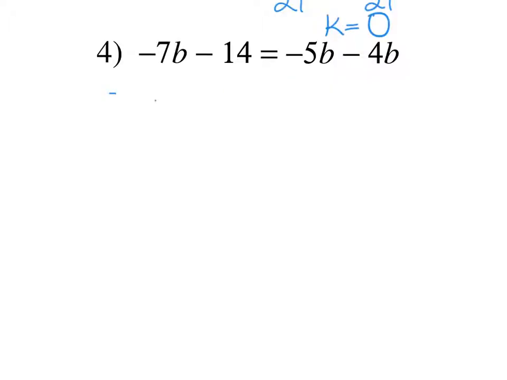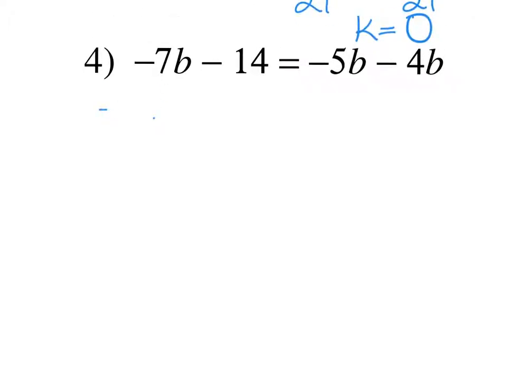So we're looking at problem number 4, and I'm looking if I have any parentheses. I do not need to distribute, but when I go to combine my like terms, I'm looking on the left-hand side. I have variables and numbers, and on the right-hand side, I have b's and more variables. So on the left-hand side, I just carry everything down.